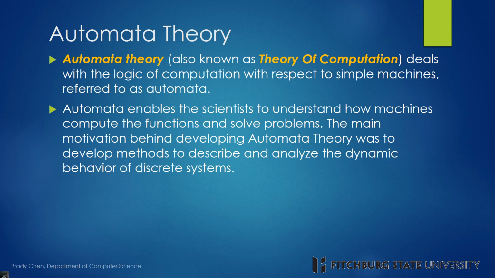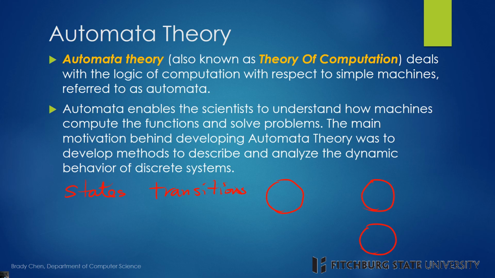Now, an automaton consists of states and transitions. Normally, we use a circle to represent a state, and then another circle to represent another state, and another circle.